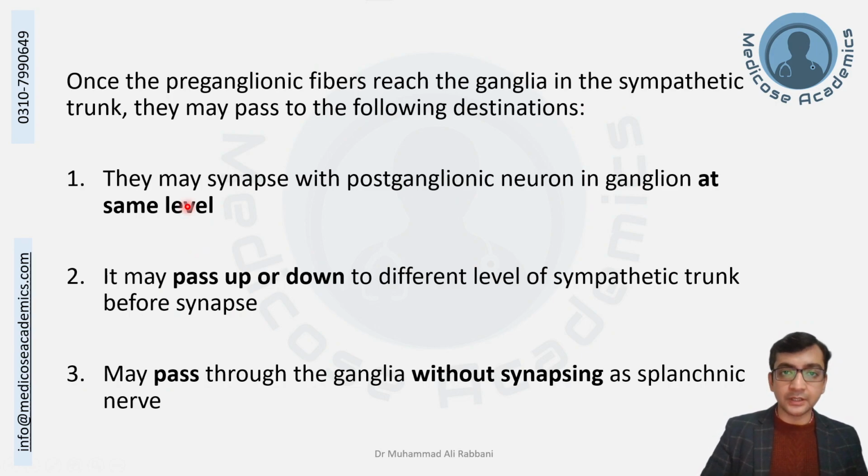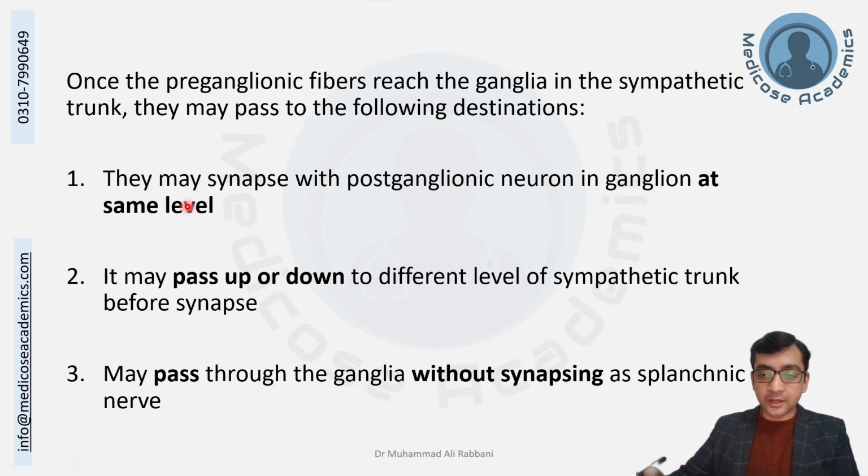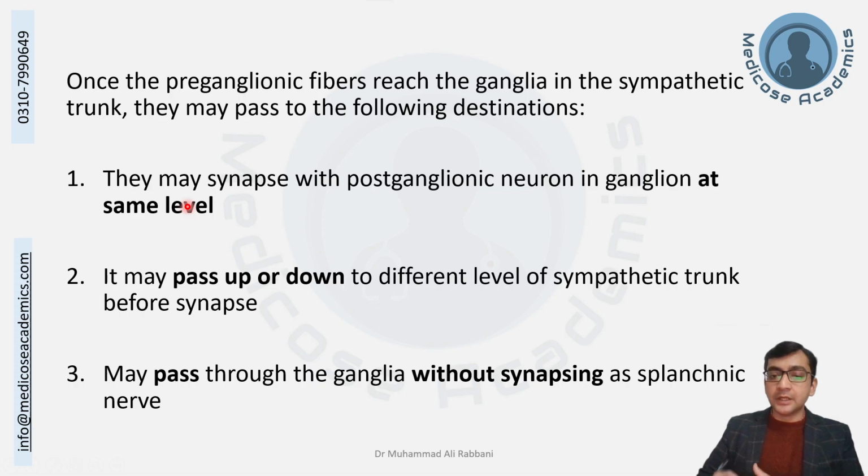For T1 to L2, the fibers emerge from the lateral horn through the anterior root, come into the spinal nerve, and enter the sympathetic chain through the white ramus communicantis, which is common for everyone.